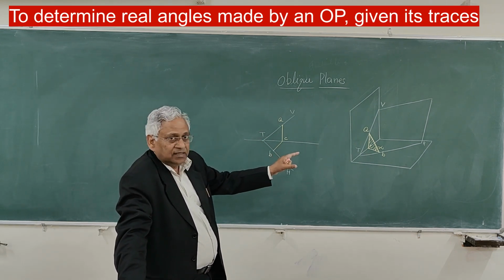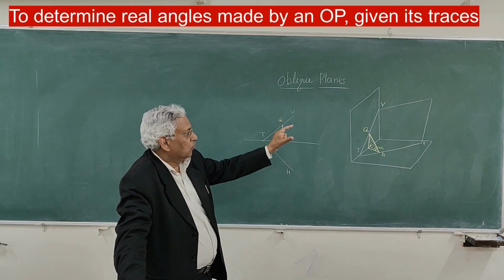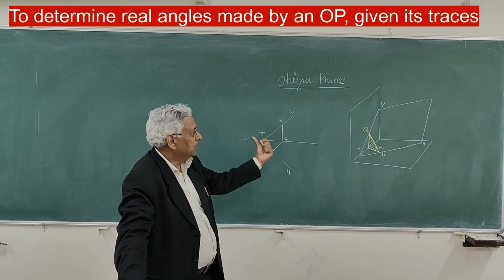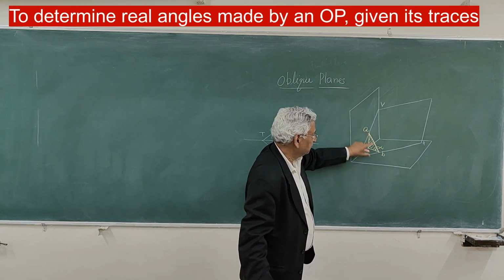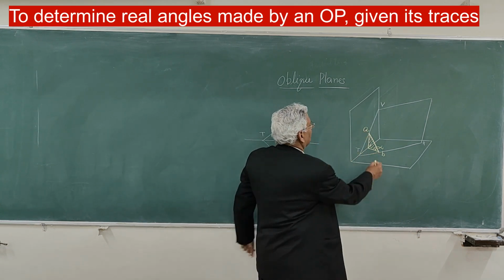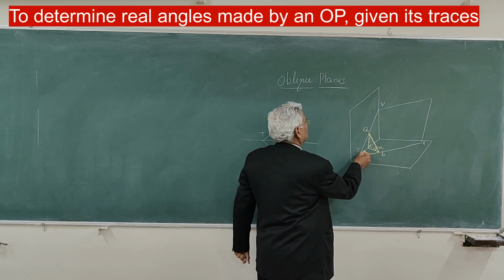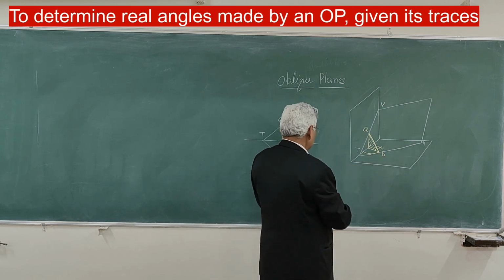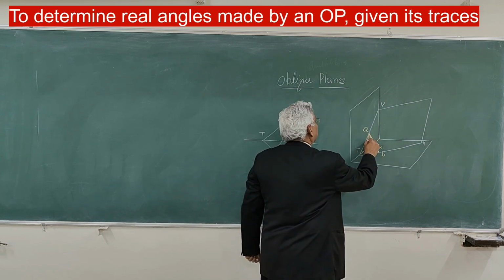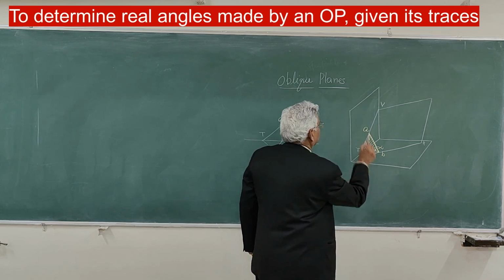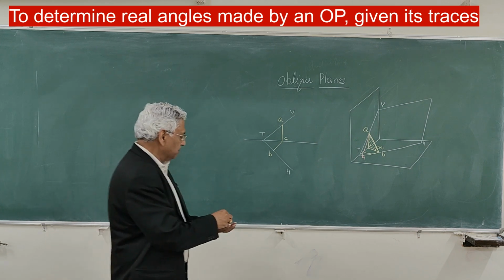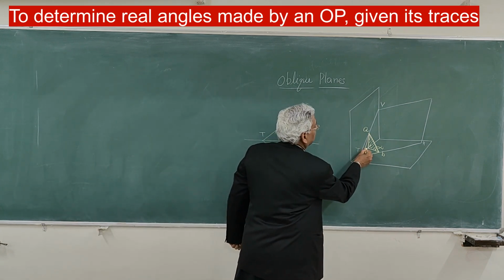And again, to measure this angle alpha, you rotate this plate and bring it in the vertical plane. So rotate this plate about AC so that B comes on the ground line here. Then this is the plate. Let us say this point is B1. Then you can measure this angle alpha here.